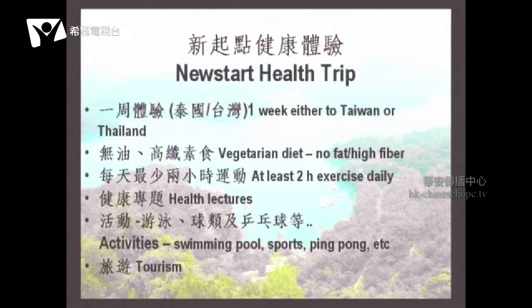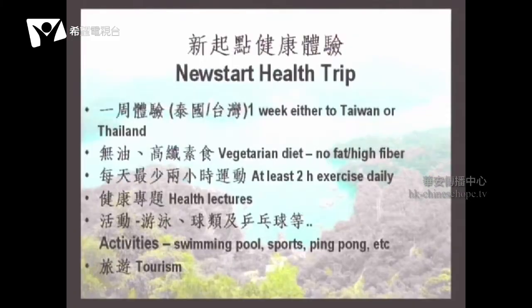And this exercise was almost natural. We didn't push much to go to the gym. It was done outside. It was like walking and swimming or playing games and playing sports that they didn't even realize that they were doing exercise.